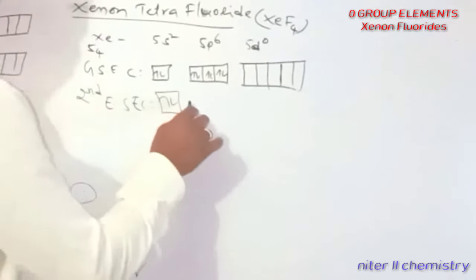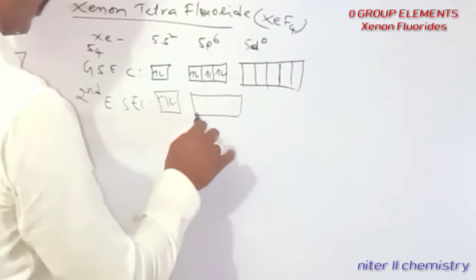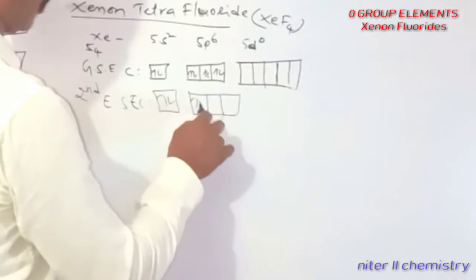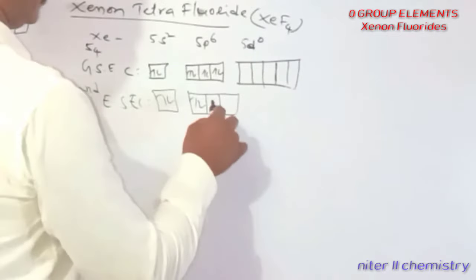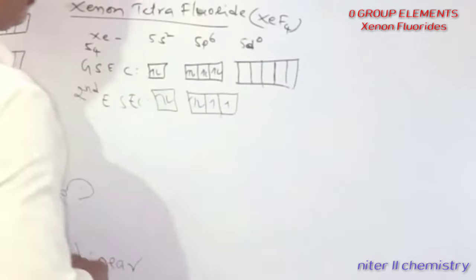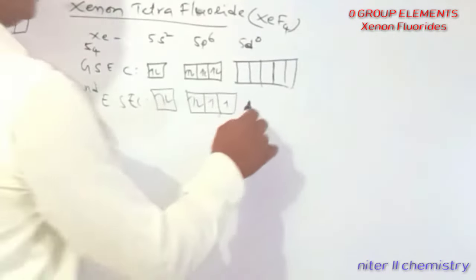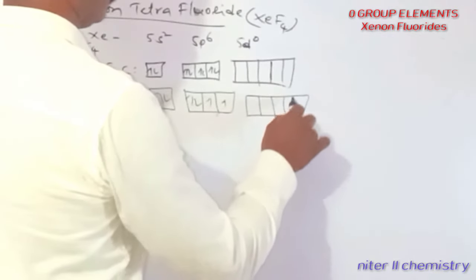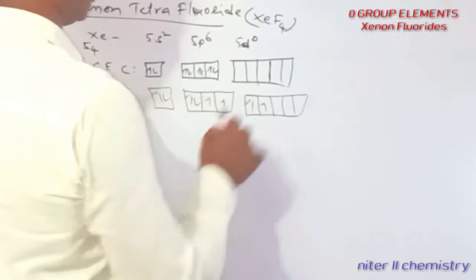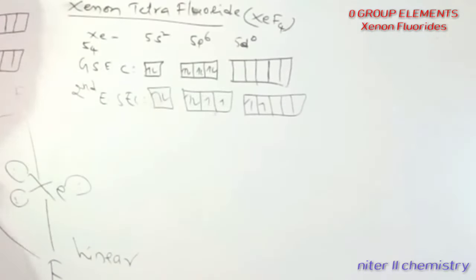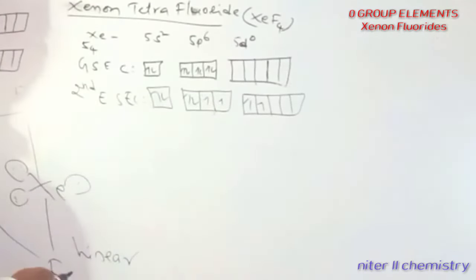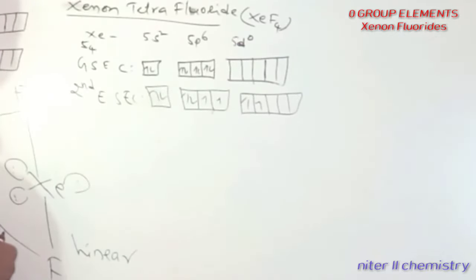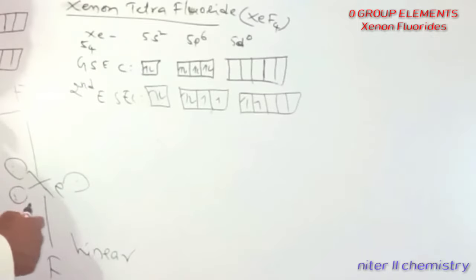In the p orbitals, only the py and pz electrons are excited to the d orbital. Then we get 4 unpaired electrons in the second excited state of xenon, for the formation of xenon tetrachloride.